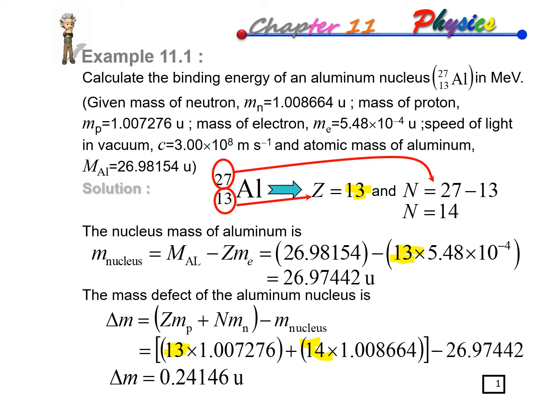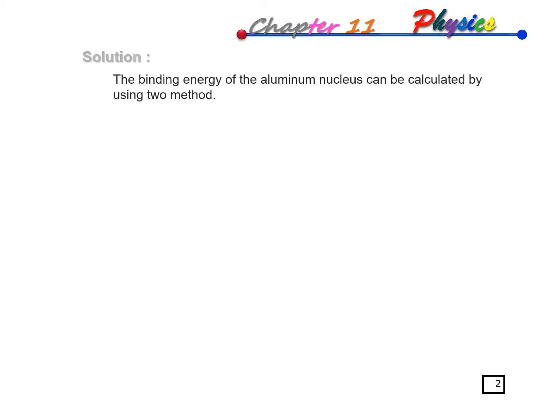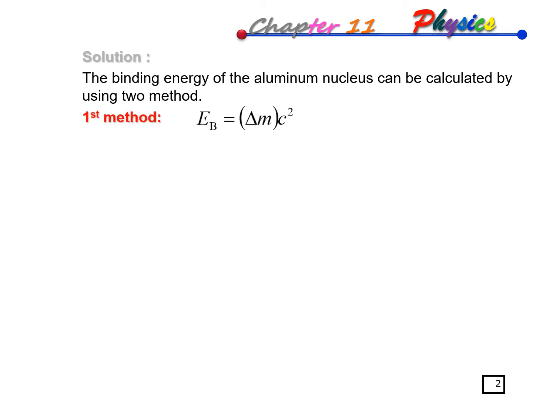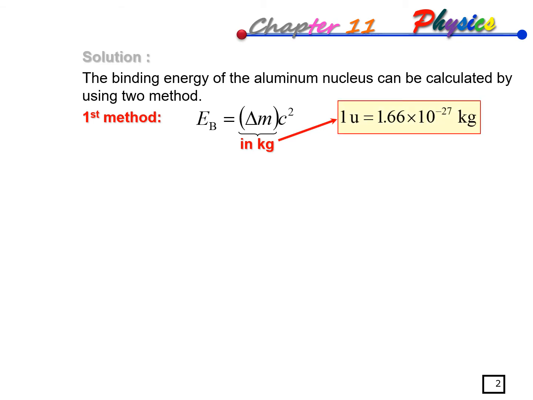Once we have the value of the mass defect, we can use it to calculate the amount of energy. The binding energy will be equivalent to mc squared, where delta m is the mass defect. The mass defect should be in kg. Previously we calculated it in atomic mass units, so here you need to convert it into kg.